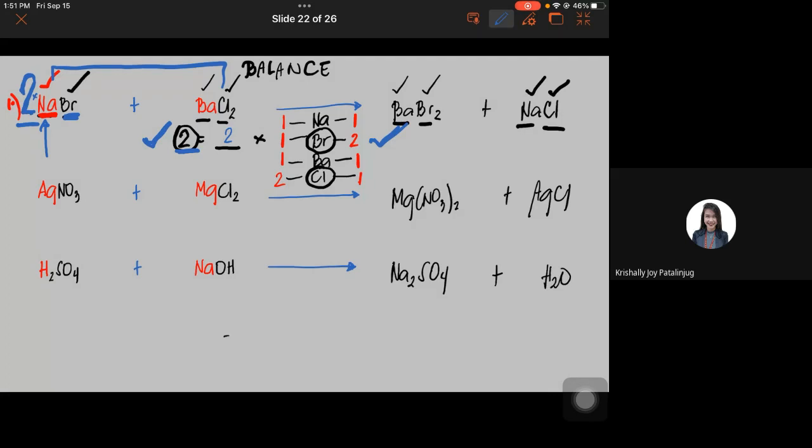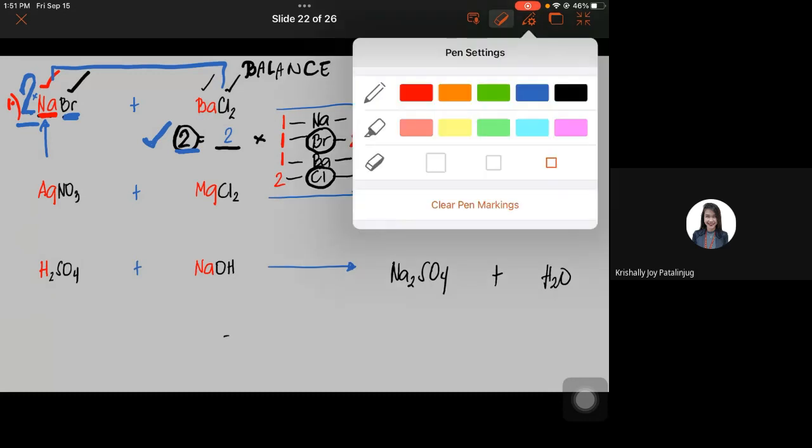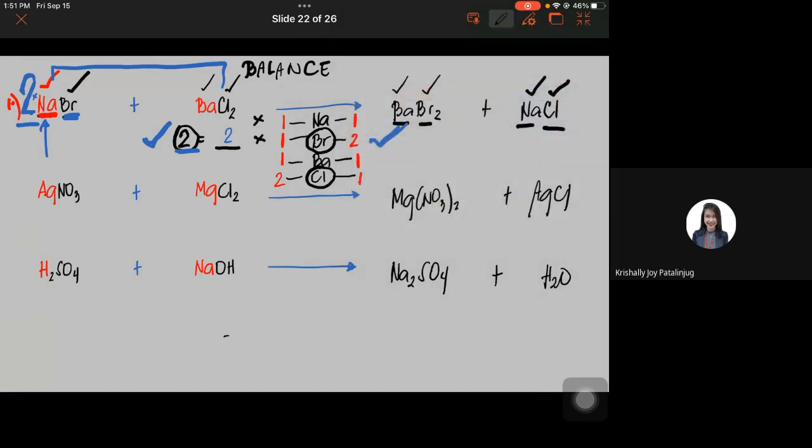Sodium atom is affected. The number of sodium atom on the reactant side is now equivalent to, obviously, 2. So you also multiplied 2 coefficient in the atom sodium on the reactant side after you write 2 here. So that is equivalent to 2. So meaning to say, sodium and also chlorine are now the atoms not balanced at both sides.